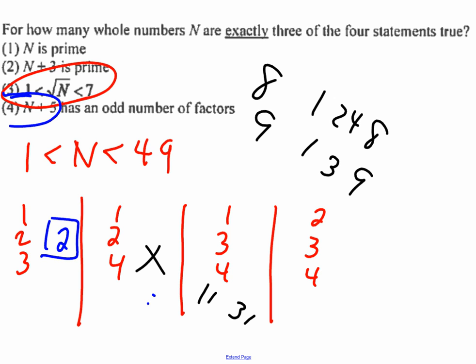So I need to have statements 2, 3, and 4 to be true. So again, for statement 4 to be true, I know that it has to be 5 less than a perfect square. But in this case, instead of the answer being prime, the answer plus 3 needs to be prime.